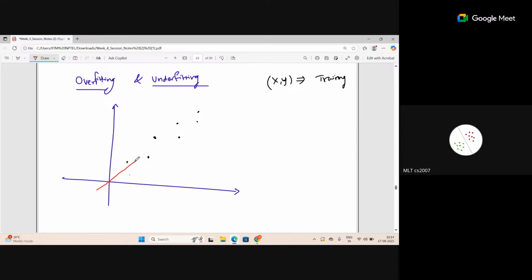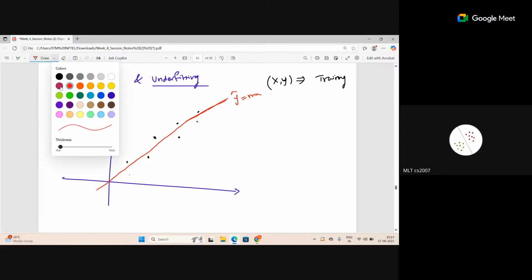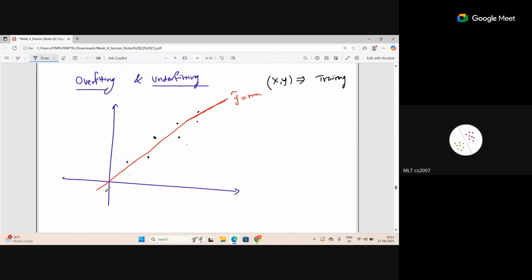Let's say this is y equal to mx, fine. This is your predicted label, or this is a model which we try to learn here, and there is another model, let's say like this.